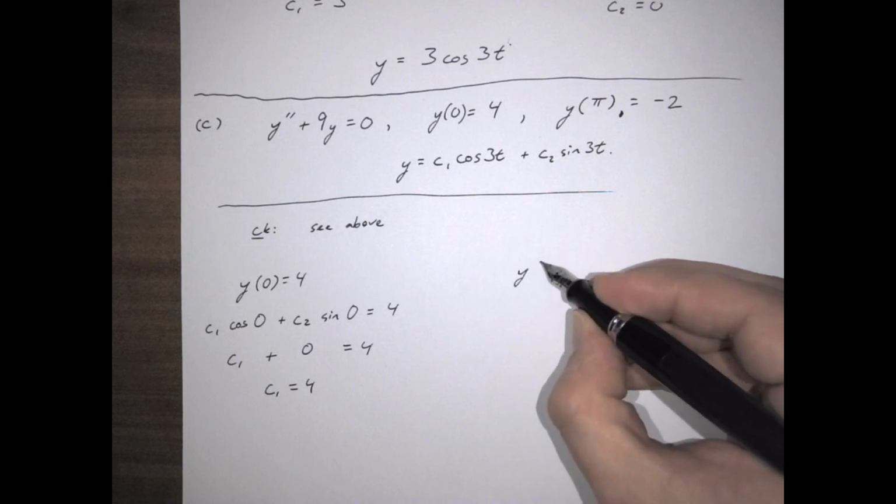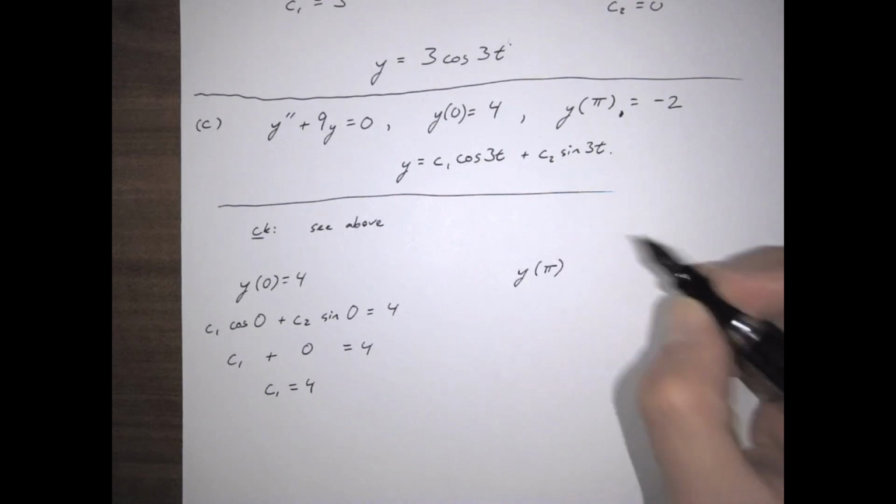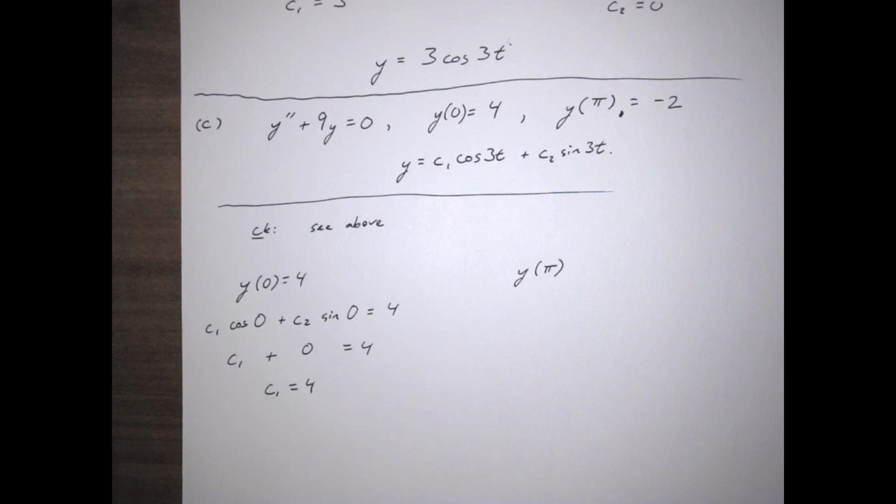y of pi. And by the way, all trigonometric functions in this class and every other class that you will ever use calculus in will always be in radians. There is no such thing as degrees where calculus is concerned. Radians are the only measurement of angles that you will ever see.